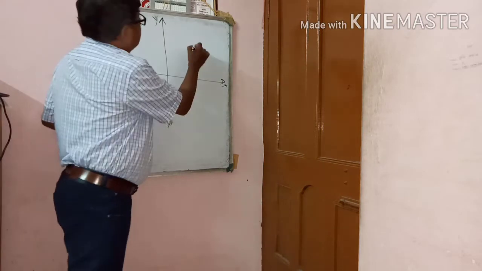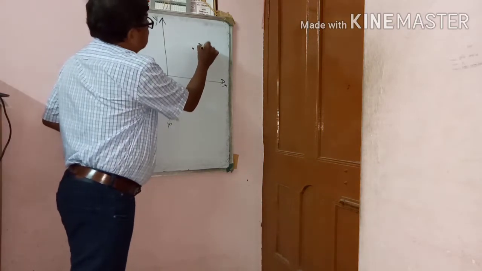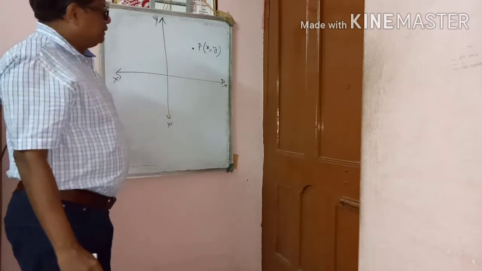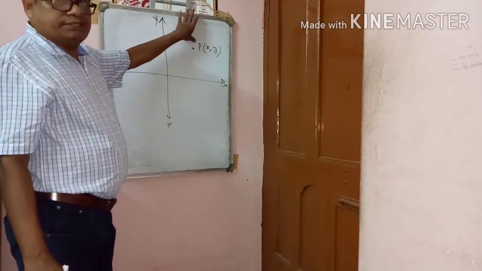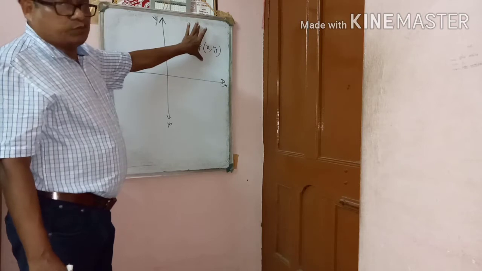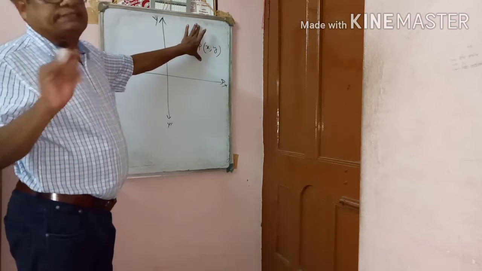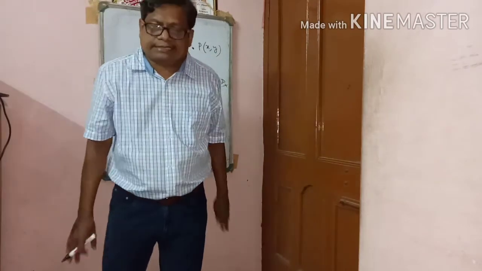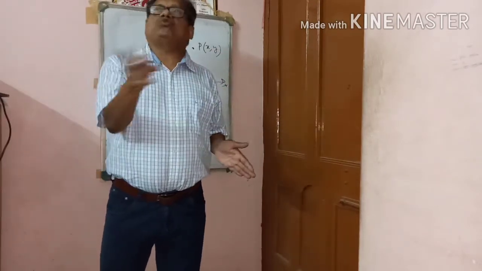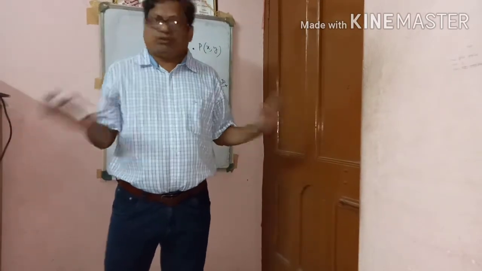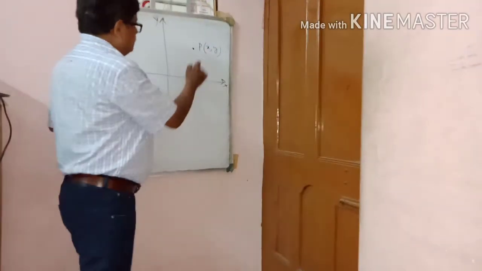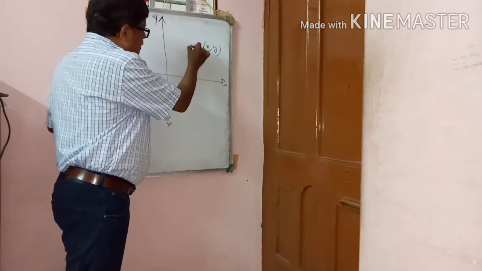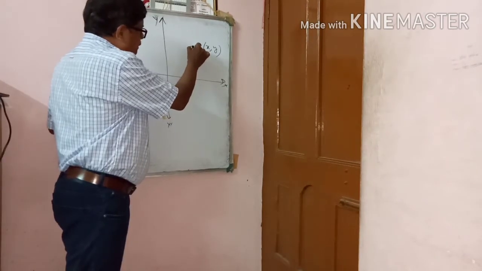Suppose here any point P is given, P of x, y. As all of you know, the point on the x-axis is x comma 0, the point on the y-axis is 0 comma y. Here the point P is given x, y. Here, reflection of a point in the x-axis.